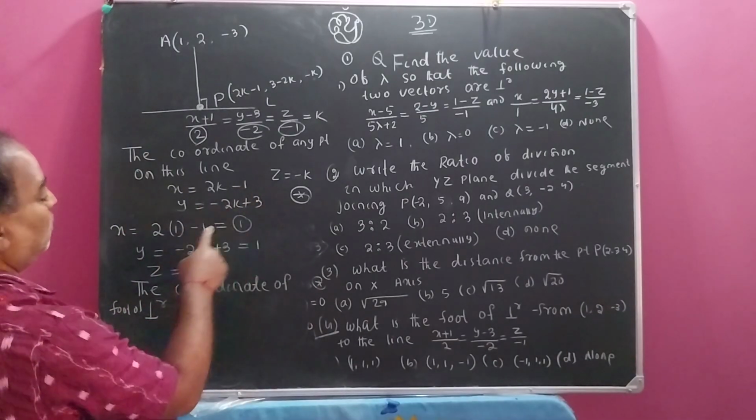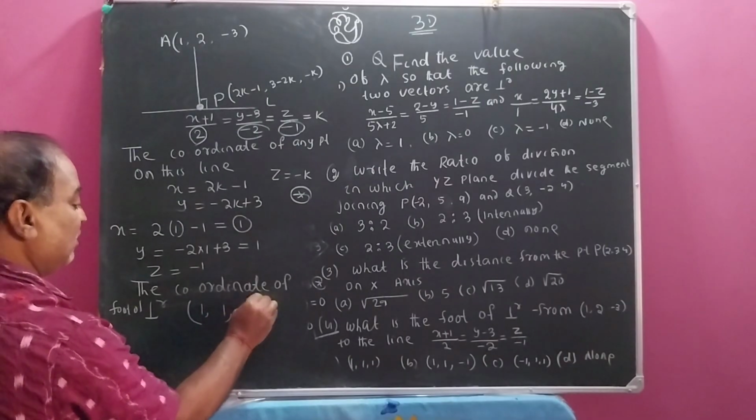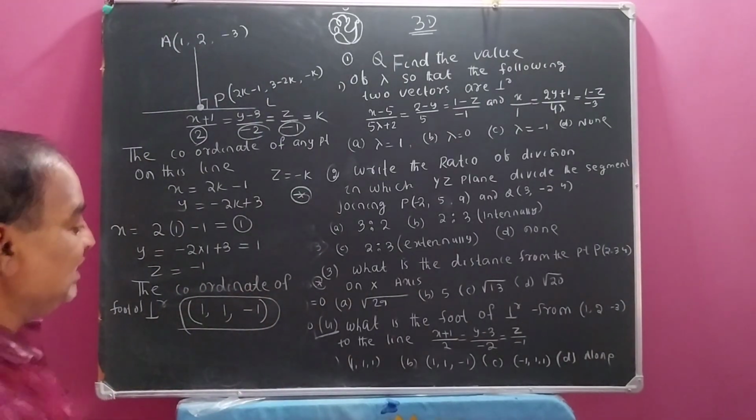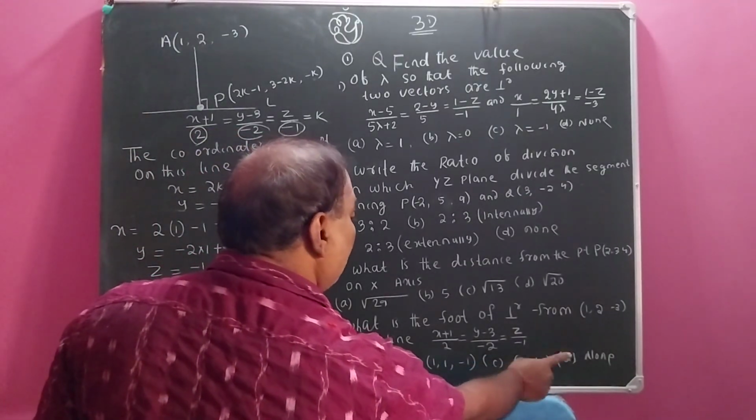X is here 1, y is 1, z is minus 1. So this is the correct answer. But in our choices: 1, 1, 1; 1, 1, minus 1; minus 1, 1, 1; none.